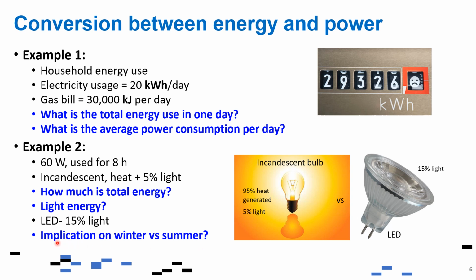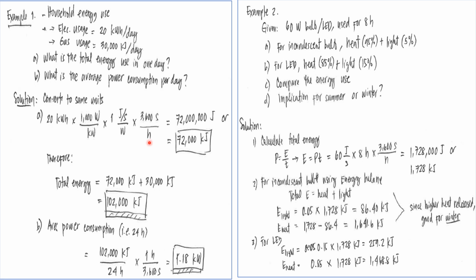And the question is, what is the implication of both of the answers if you are to choose for winter or summertime? So what will be the implication of the usage of these two for different seasons? So let's take this one for an example in the next page for the solution.